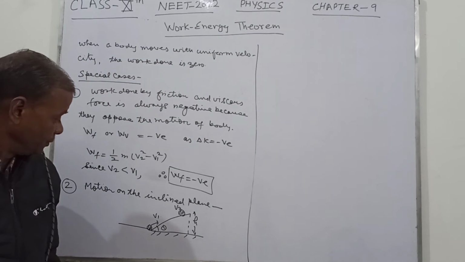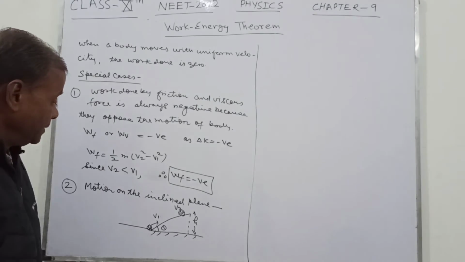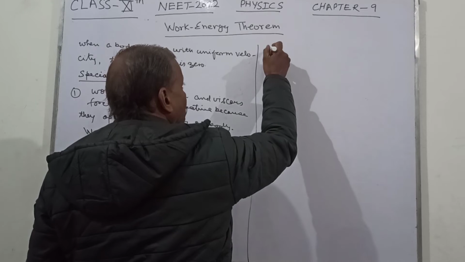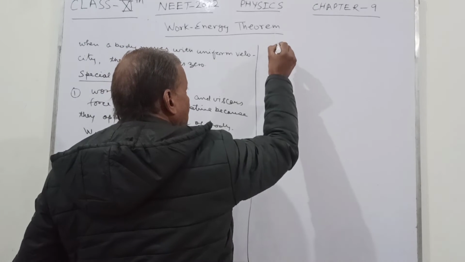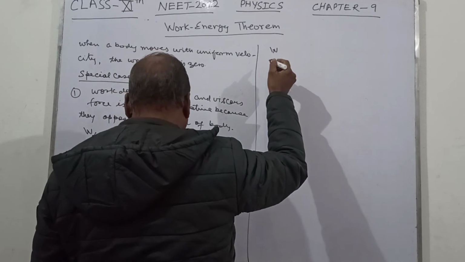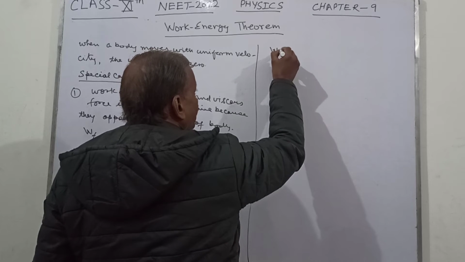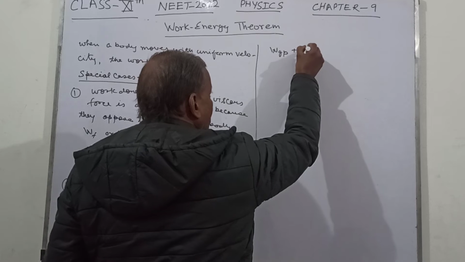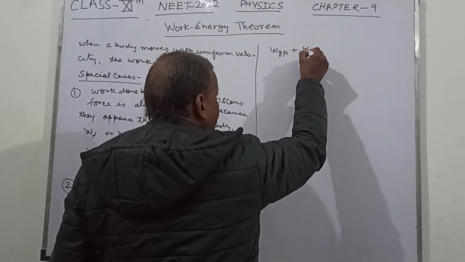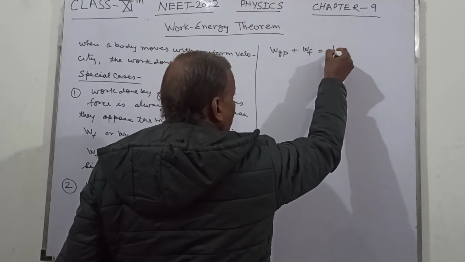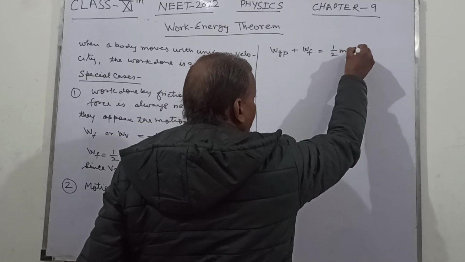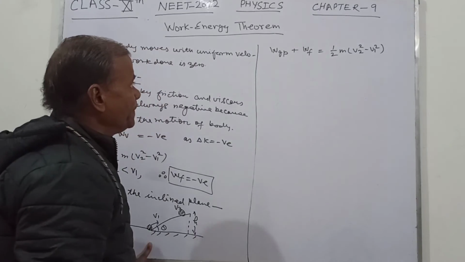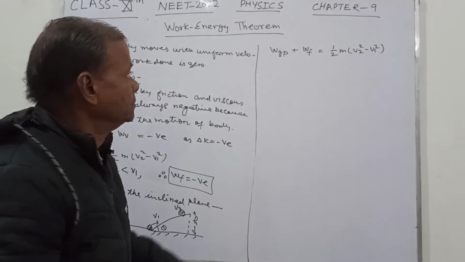When the body is moving on the inclined plane, we have the work done by the gravitational potential energy, plus work done by friction, equal to half m (v2 square minus v1 square).